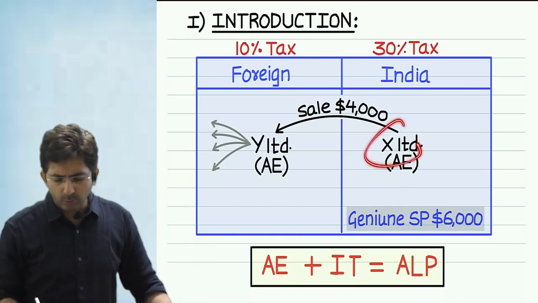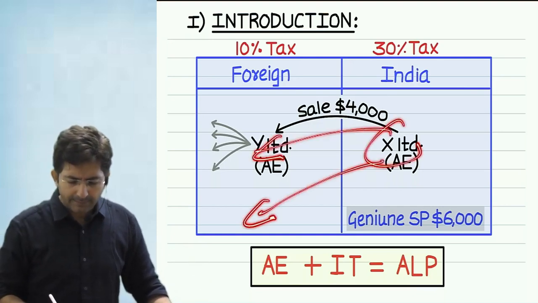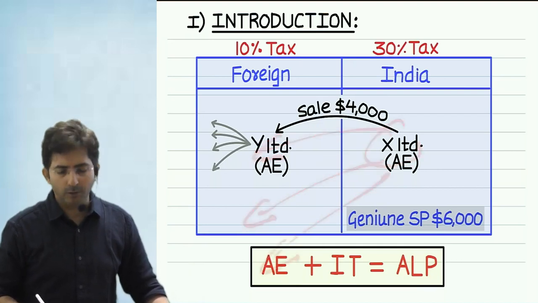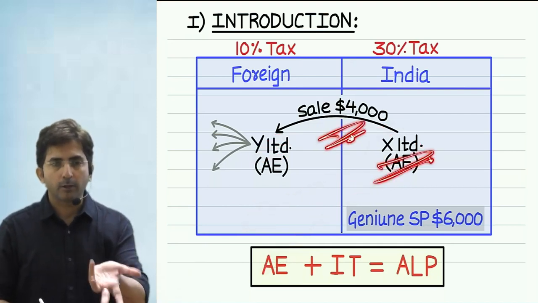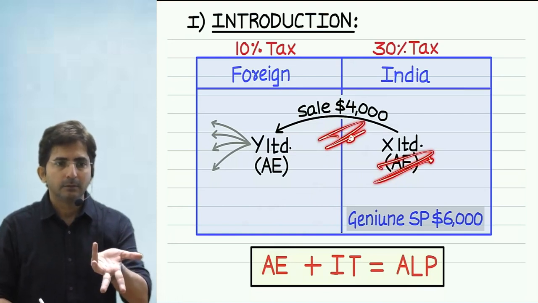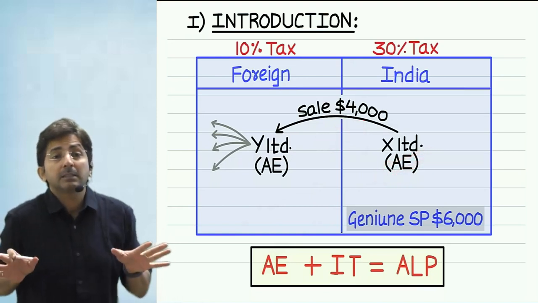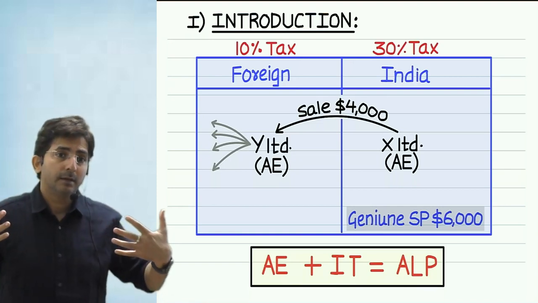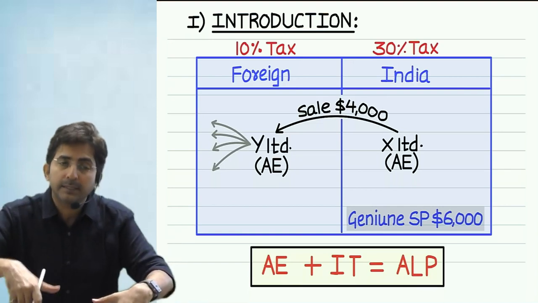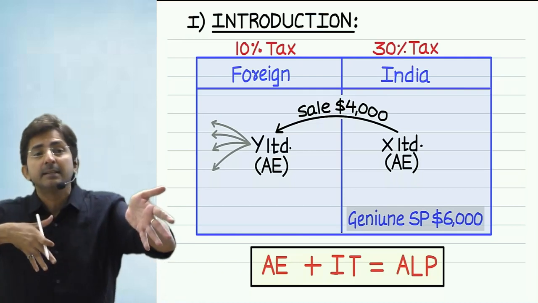Whether you sell to this AE or that AE or some other AE. After all, for X Limited, a product will be the same, and for a particular product, the price should be the same. But still we can't say. Every transaction might have its unique feature. And what I am trying to say is ALP is transaction specific.